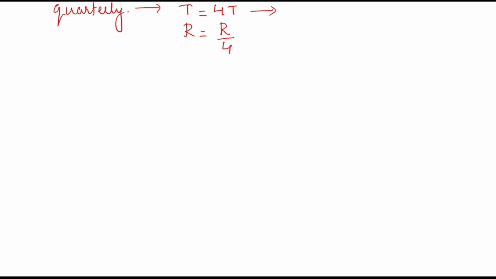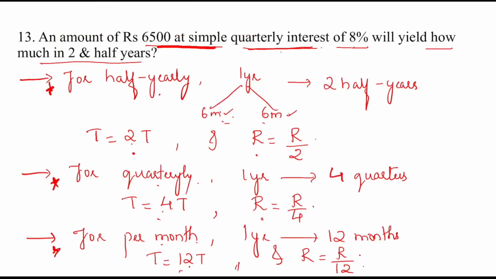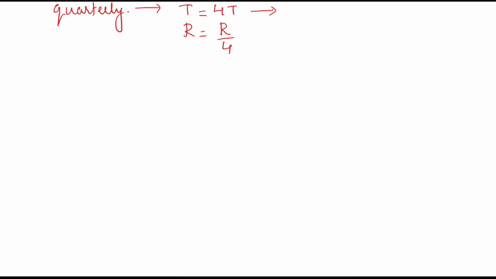So how much time are they asking? See here, how much it will yield for 2.5 years they are saying. So time is 4 into 2.5, which is equal to 10.